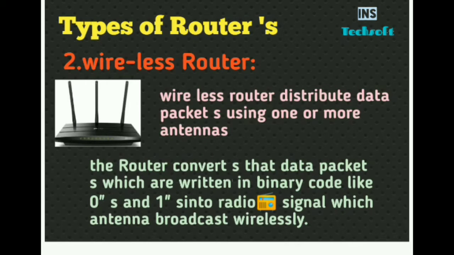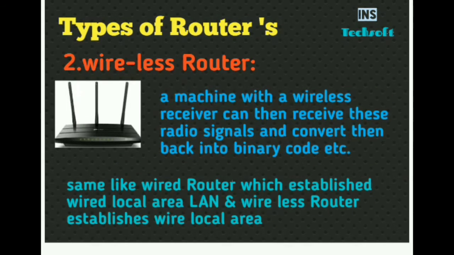The router converts data packets, which are written in binary code like zeros and ones, into radio signals, which the antenna broadcasts wirelessly. A machine with a wireless receiver can then receive these radio signals and convert them back into binary code.